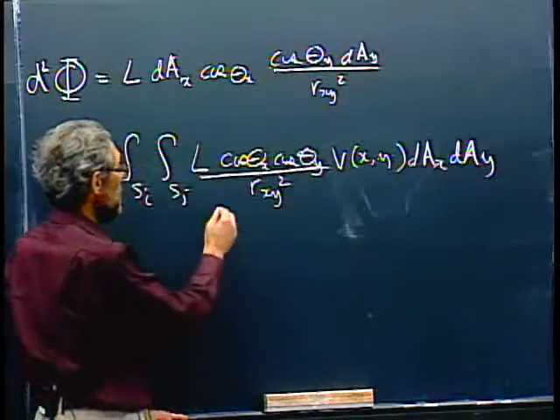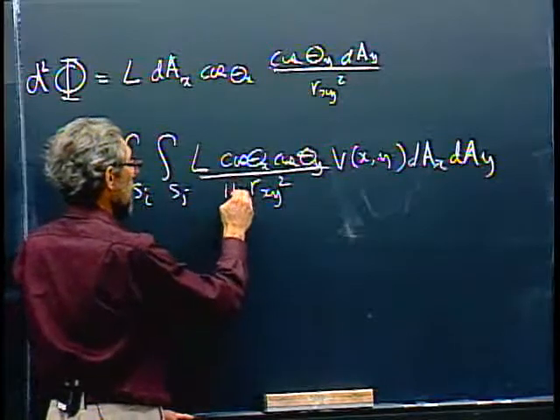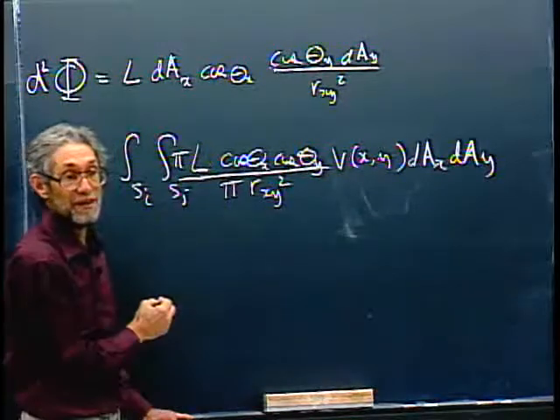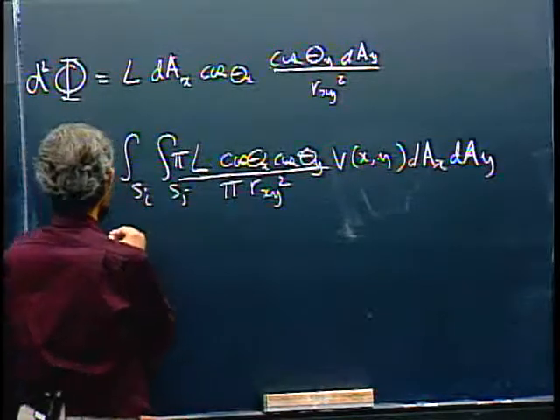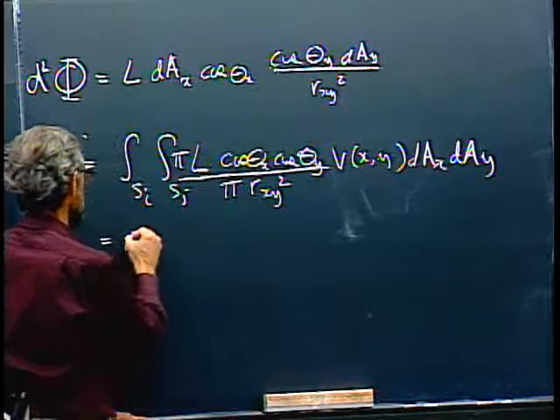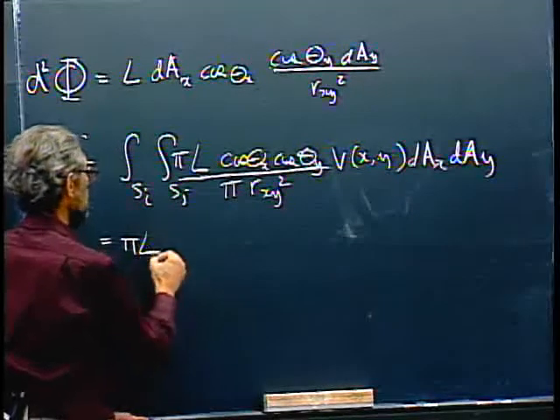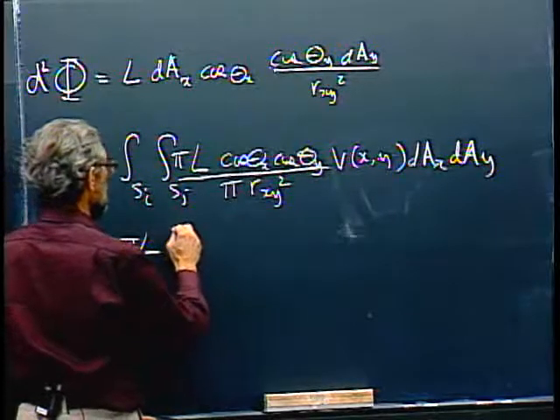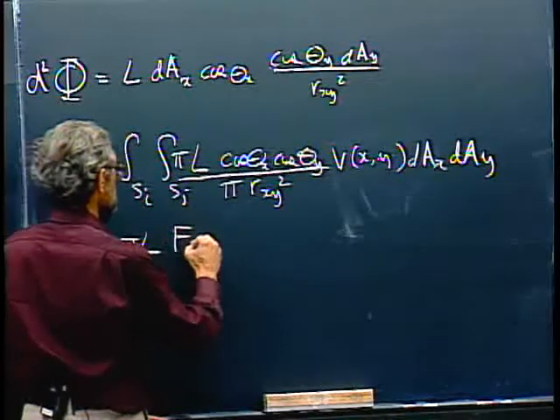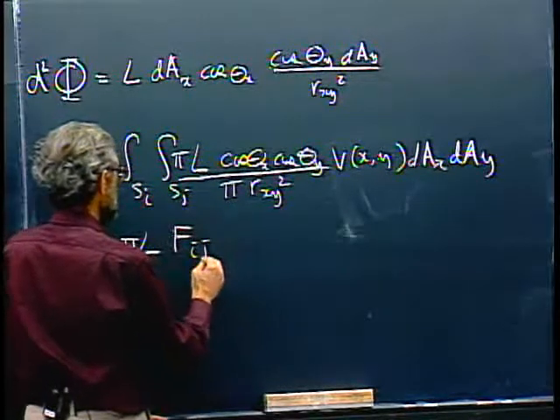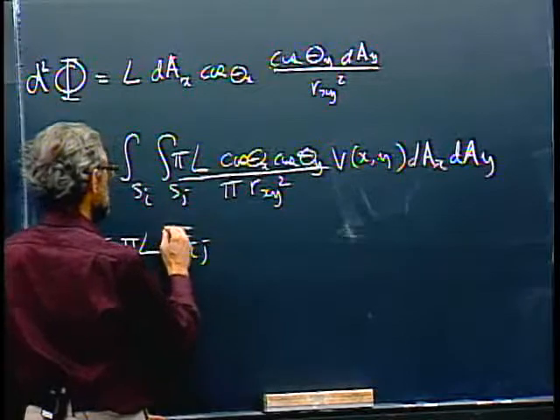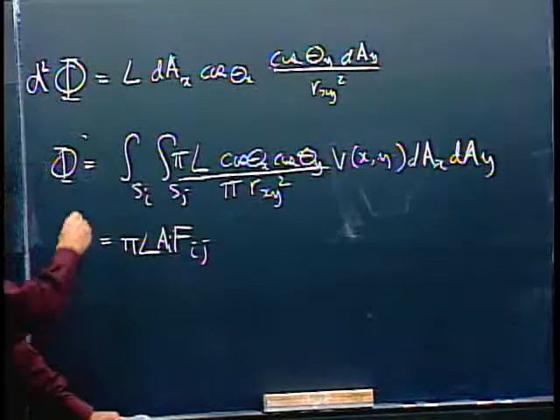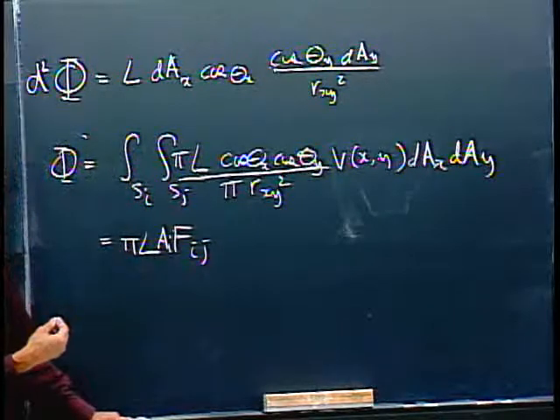So I want this to end up looking like the form factors. And the only thing that's missing from the form factors is a constant pi here in the denominator. Right? So I'm going to put that pi in the numerator just so I can cancel it out. Okay, so what I've got here is pi L times an integral, which is the form factor from patch I to patch J multiplied by the area of I, because I was supposed to have 1 over the area of I in the form factor.